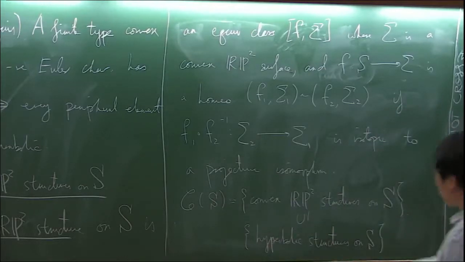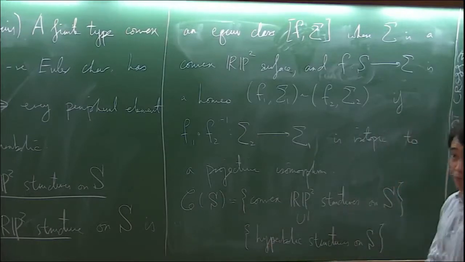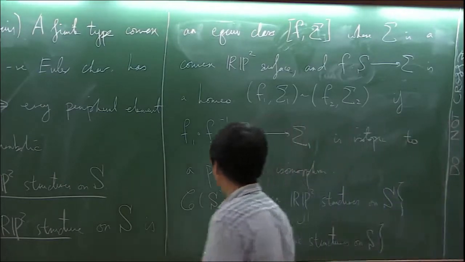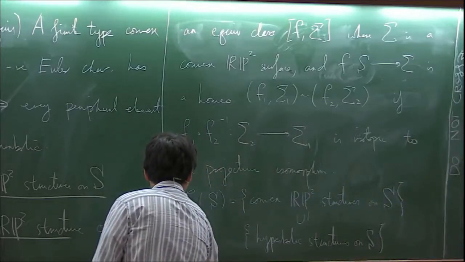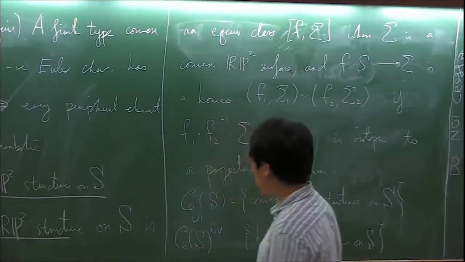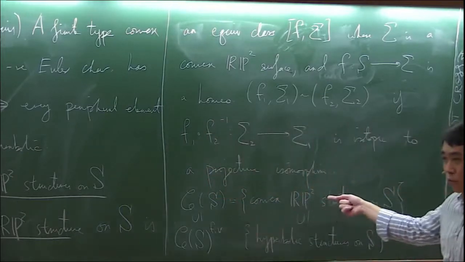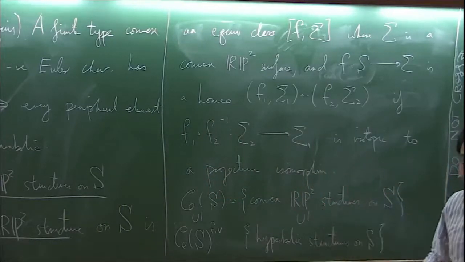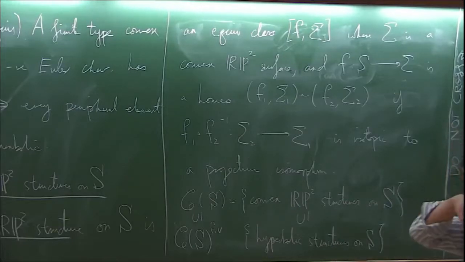But inside of here, you also have the finite volume convex projective structures on S, and those I'm going to call CS FV. Basically, the convex projective structures where the holonomy about all the ends is parabolic.